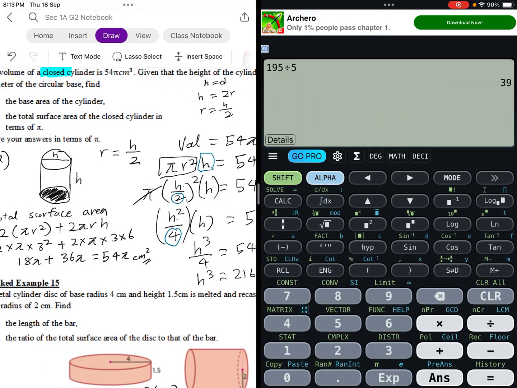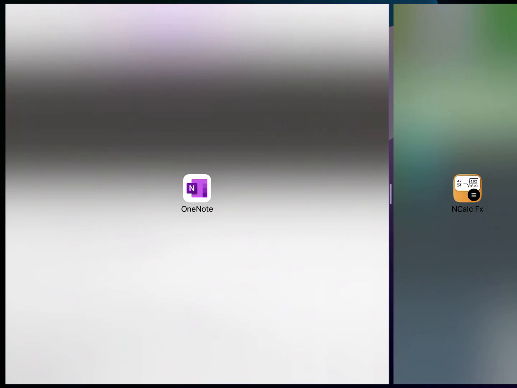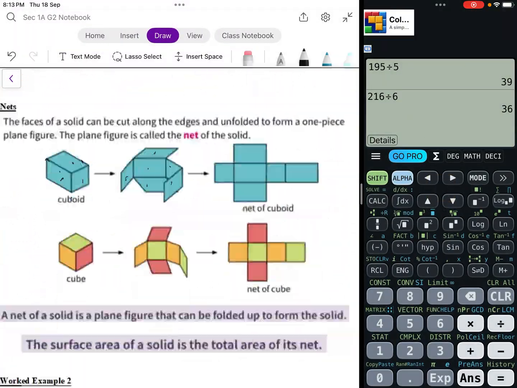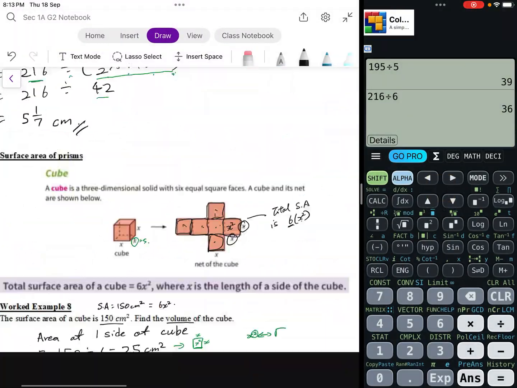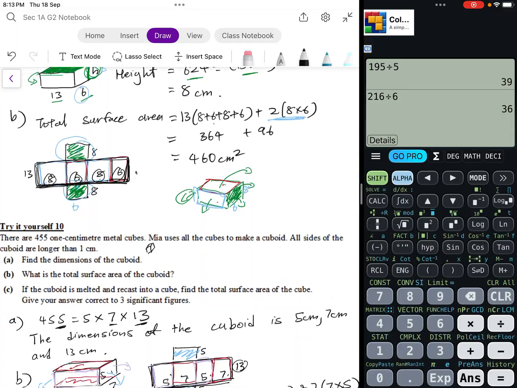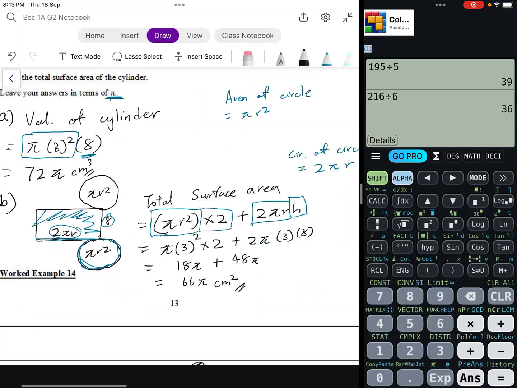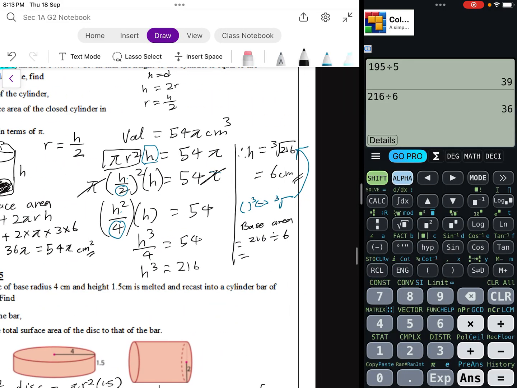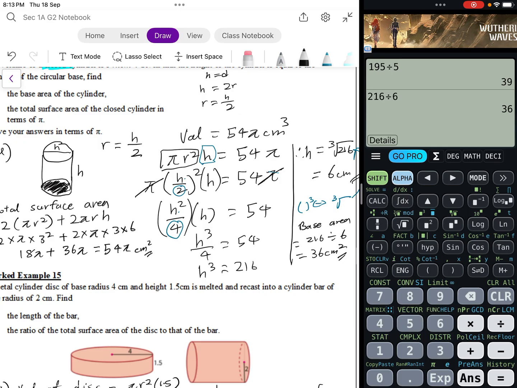So we get 216 divided by 6, 36. Right, so from here, we get the answer to be 36 cm squared. So this is for part A.